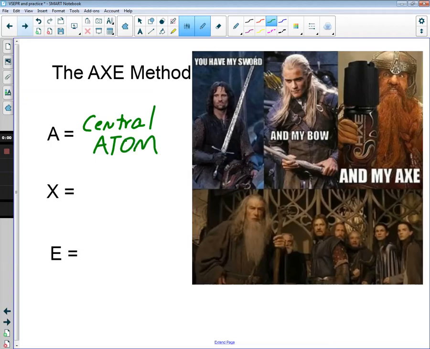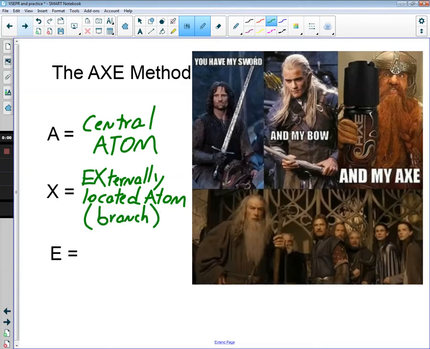The X in AXE stands for, I don't really know why it's an X, an externally located atom, maybe. Or you can call it a branch. And then the E has to do with electrons.